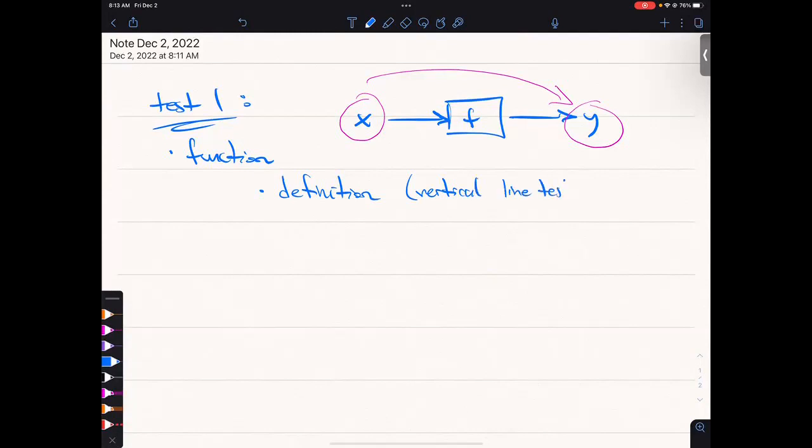So if you're looking at a graph, you can use that idea. If you're looking at something like a table, you're looking for x values that only pair with a single y value. So if you have repeats in the x values, you have a problem.